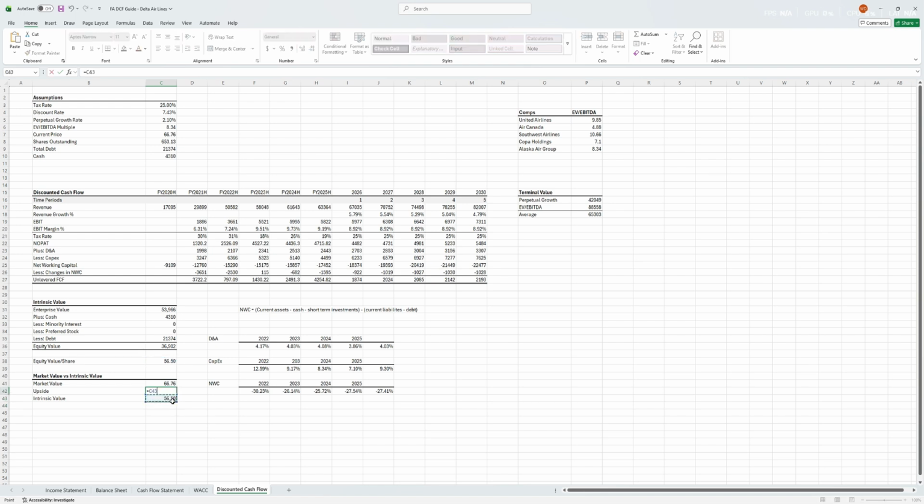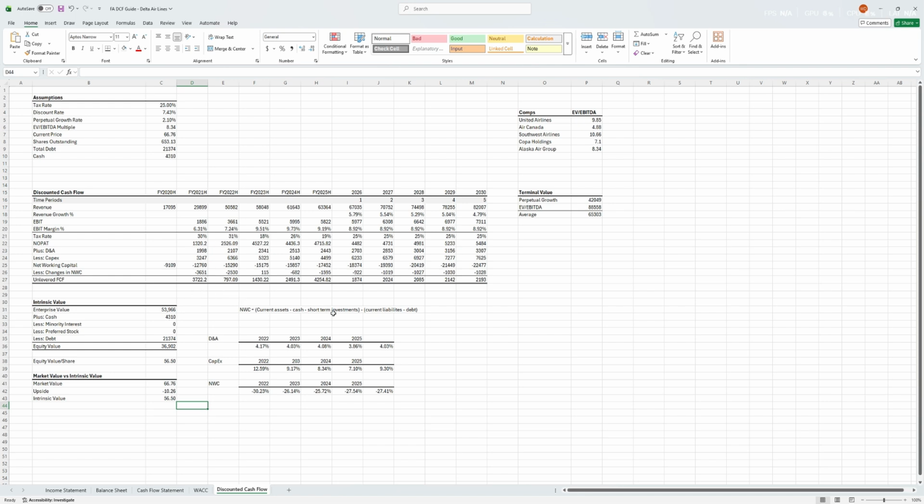I'll do equals intrinsic value minus market value. So yeah, showing that our intrinsic value is showing a share price of $10.26 less than the market value, which means our upside is negative $10.26. This is where you can base your target price off of and your stock pitch.